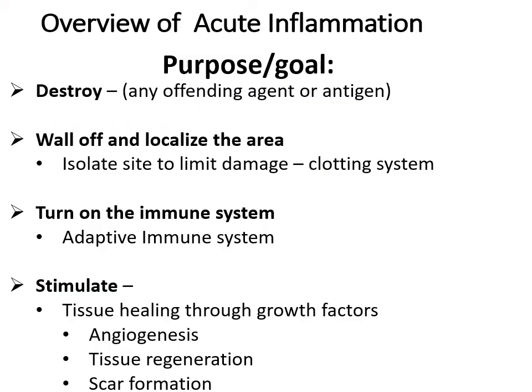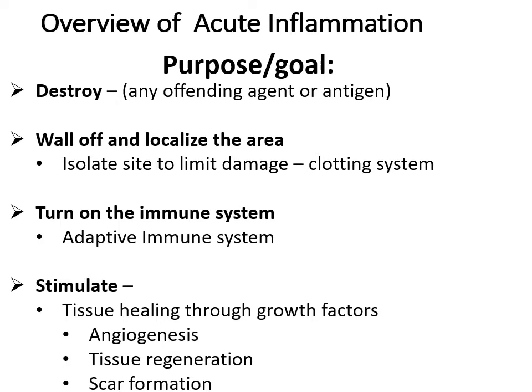Okay, so let's just get the big picture of acute inflammation. It's to initially destroy or attack any offending agents, such as infection or foreign substances, such as dirt in a wound.